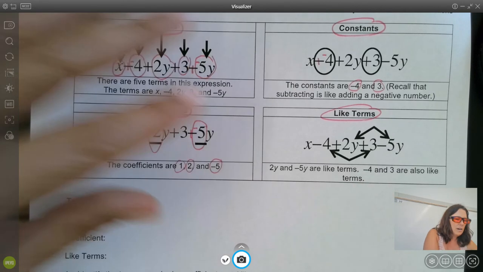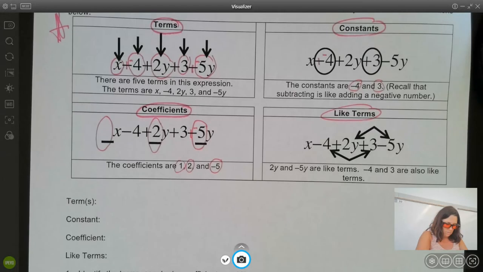All right, so let's get some definitions down here. Okay, so terms.